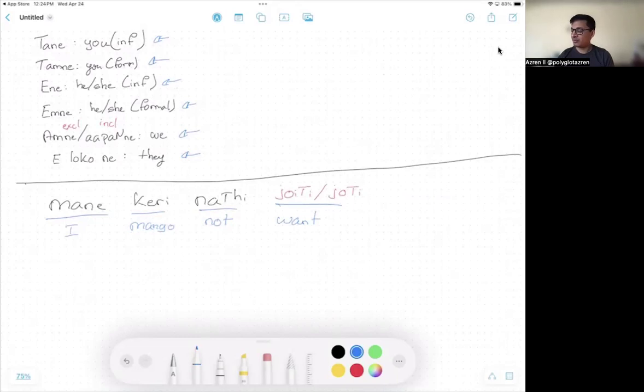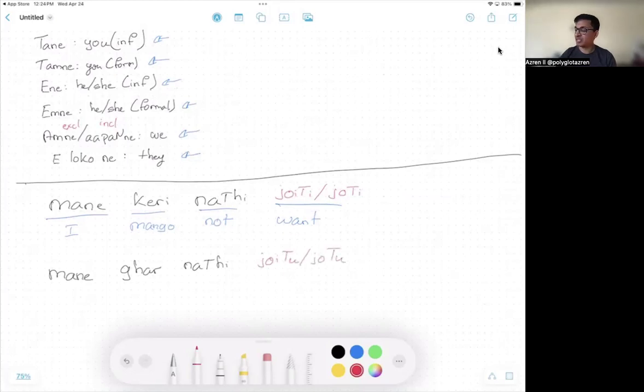Now I'm going to show you another one, and you'll notice joiti is going to change in this one. Mane ghar nathi joitu, or possibly, I think I've heard jotu as well.